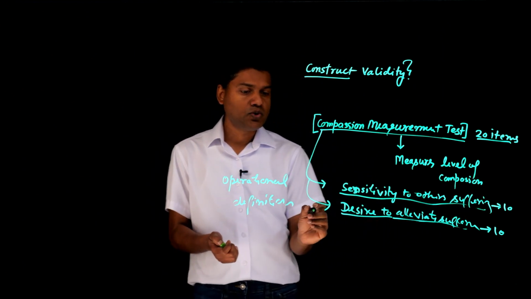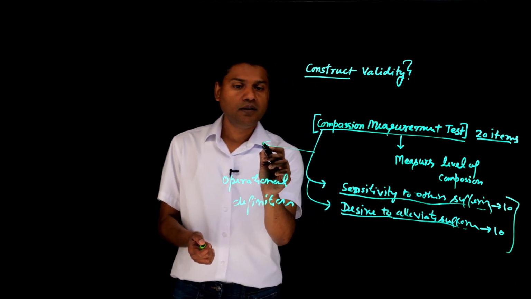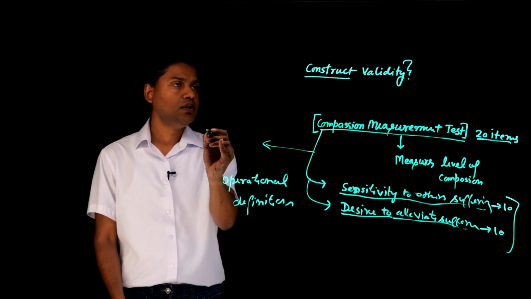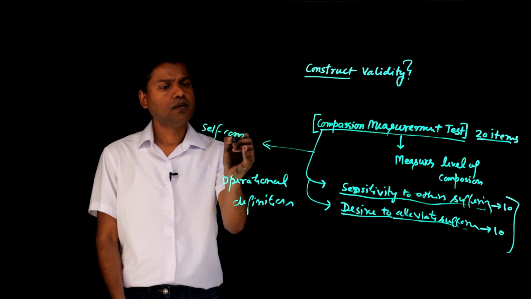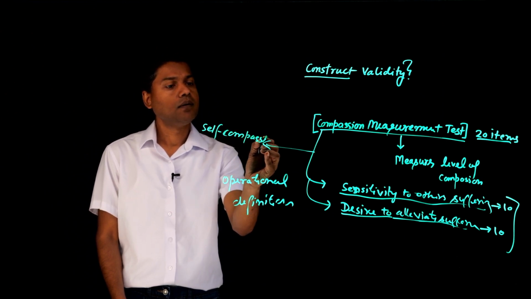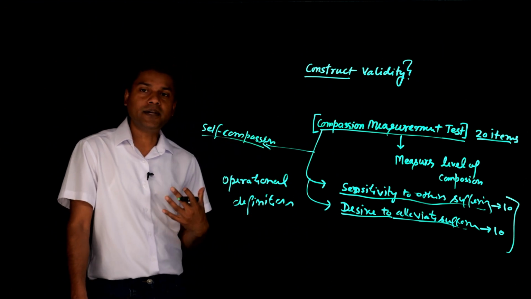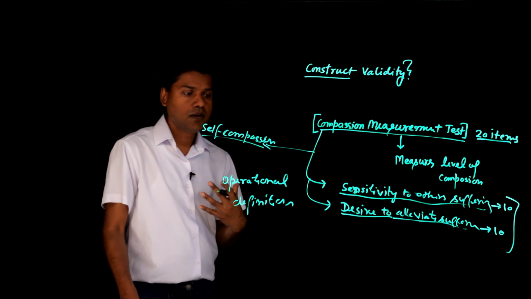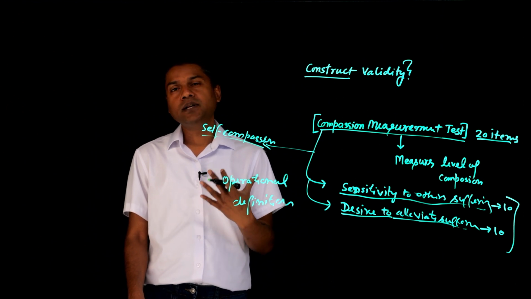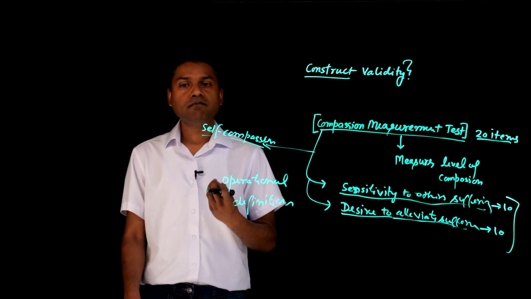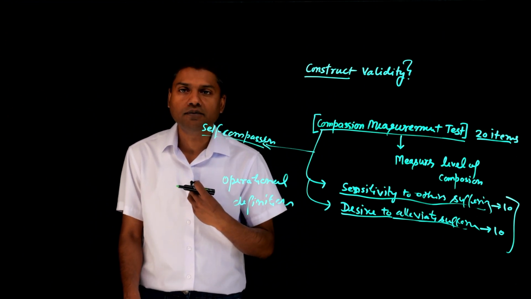So I could say that after reading all these items, the items do not include items on self-compassion, which means that when you think about compassion, someone's level of compassion cannot be comprehensively measured without measuring his own level of compassion for himself or herself.